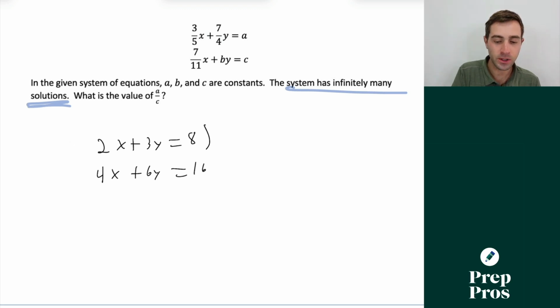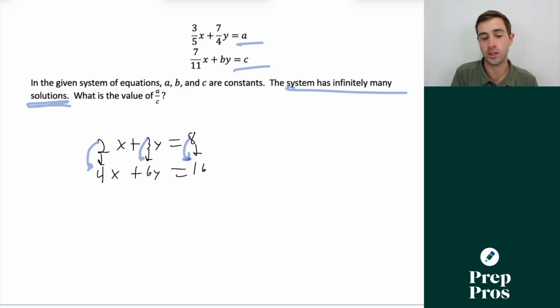And one of the other things that we want to notice, which takes place in really tricky questions like this, is essentially between all of our different terms, the multiple is the same. So as 2 is to 4, 3 is to 6, and 8 is to 16. And this is the concept that we can use here to solve this question that feels like it's missing too much information for us to be able to solve it.